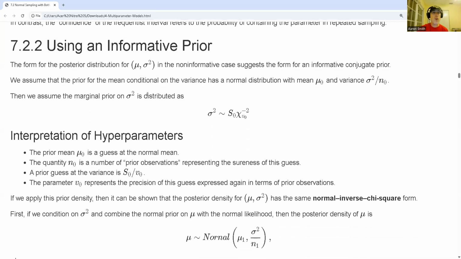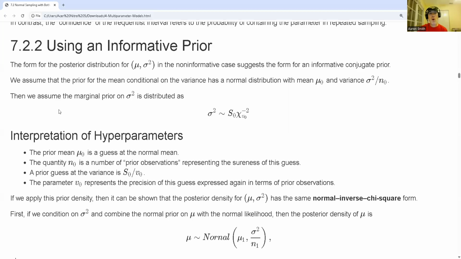All right, so now let's talk about using an informative prior. The form of the posterior distribution of mu and sigma squared in the non-informative case suggests the form of an informative conjugate prior. We assume that the prior for the mean conditional on the variance has a normal distribution with mu zero and a variance of sigma squared divided by n sub zero.